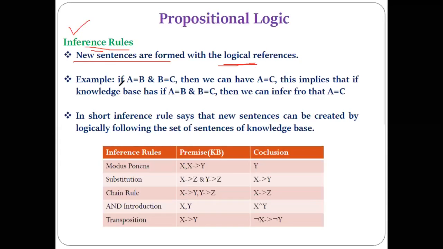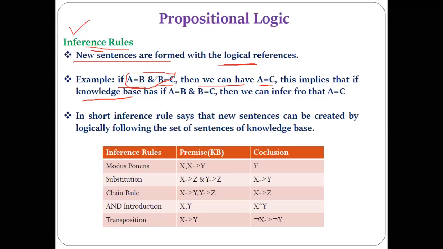Suppose, for example, if A equals B and B equals C, then we can have A equals C. Yes or no? Now, these kinds of logical things are represented in the knowledge base. Knowledge base of what? The AI agent. Correct?